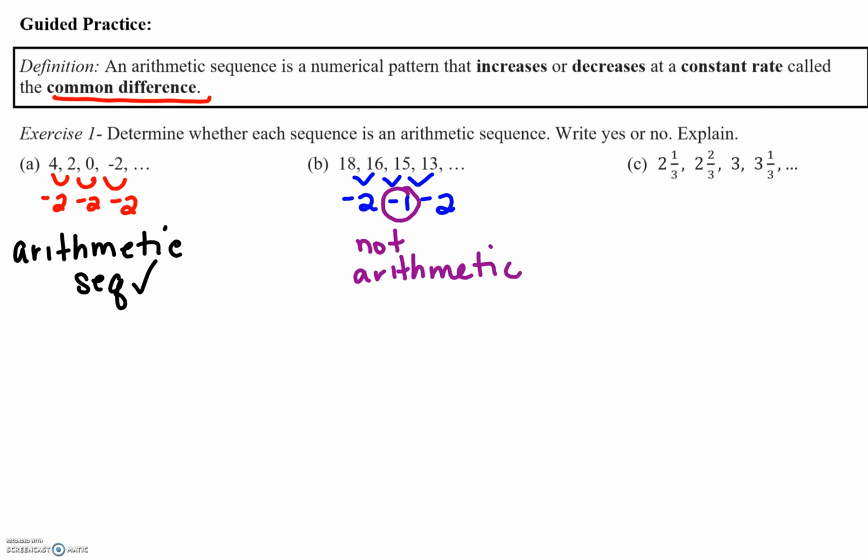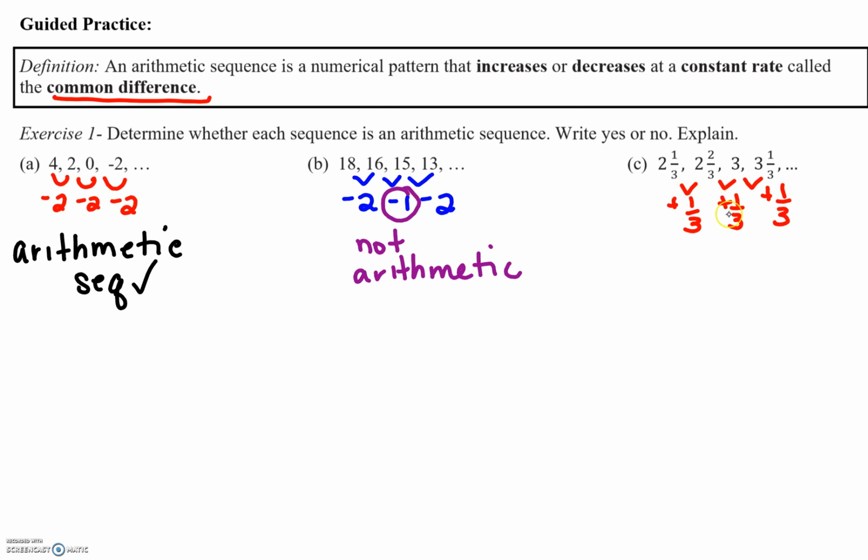And then the last one we're going to look at is 2 1/3 to 2 2/3. I added a third. 2 2/3 to get to 3, I added 1/3. 3 to 3 1/3, I added 1/3.